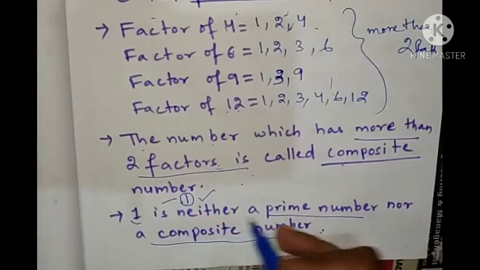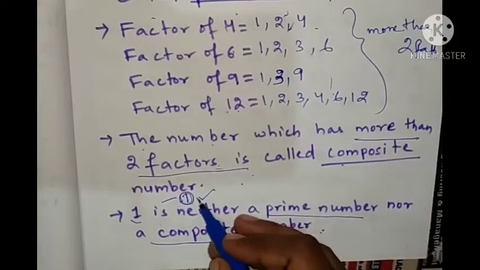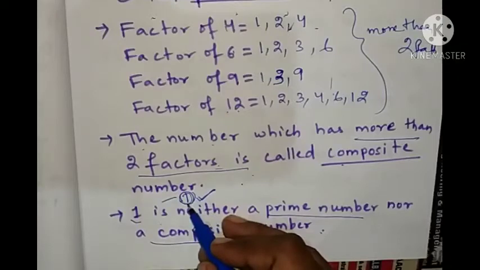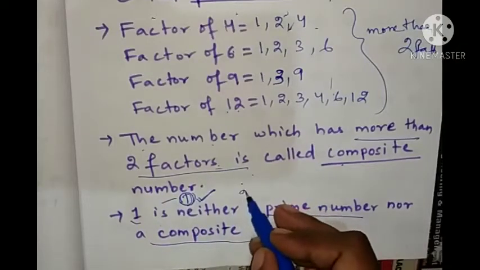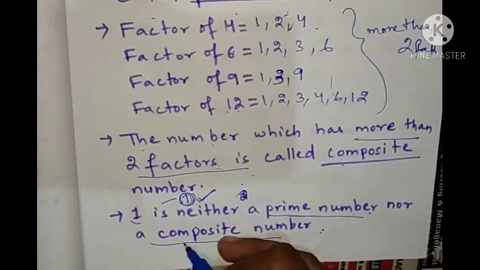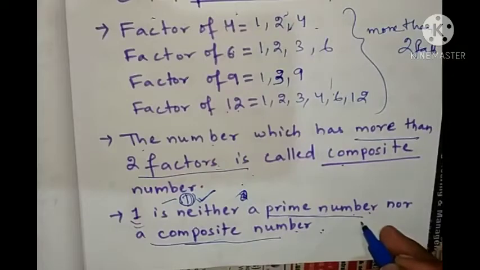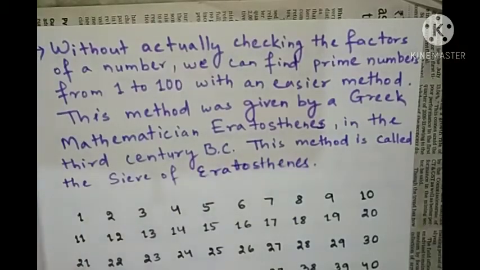So 1 is neither a prime number nor a composite number.